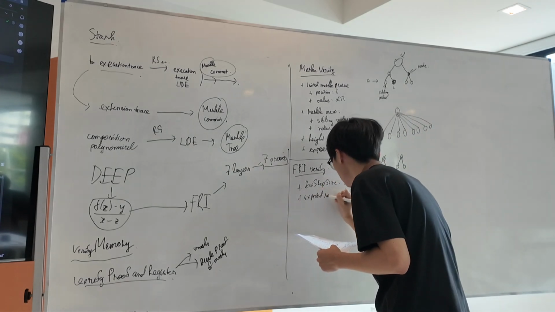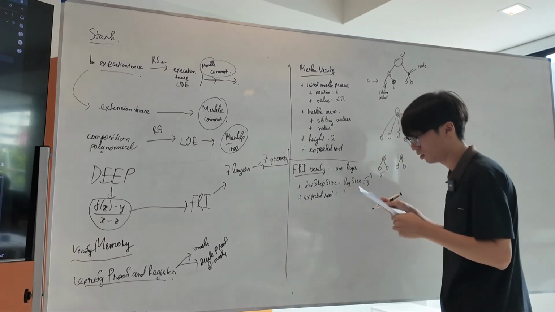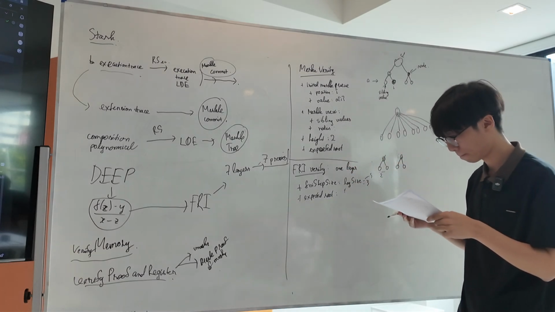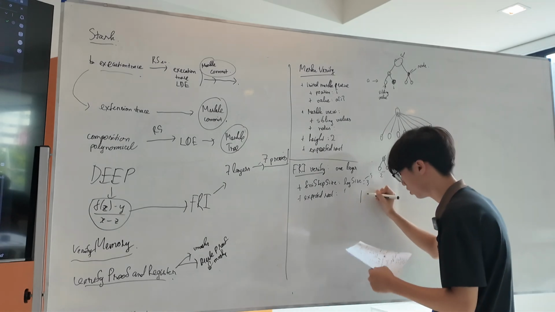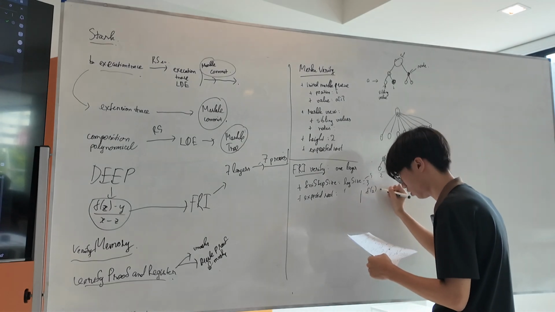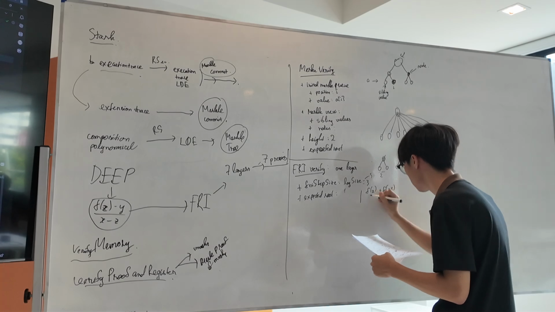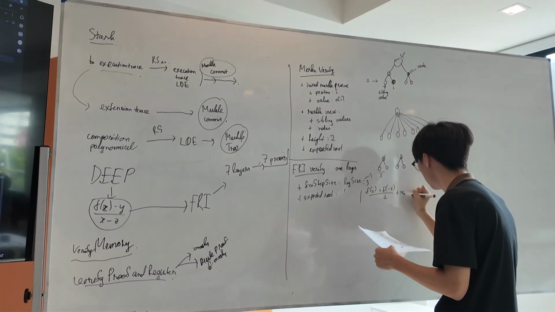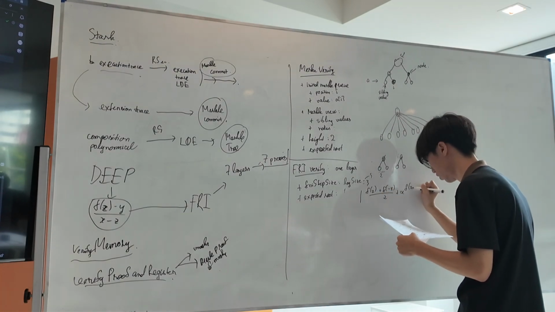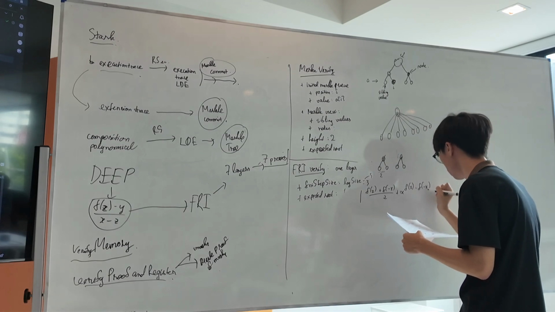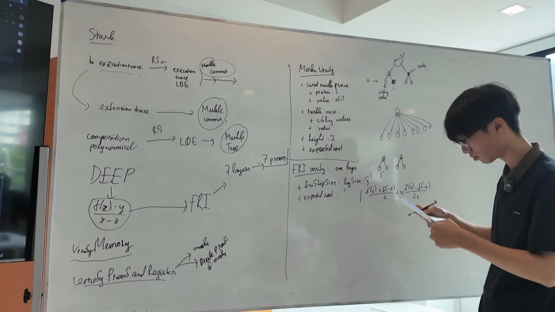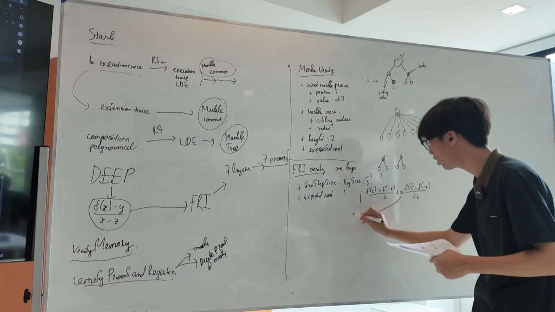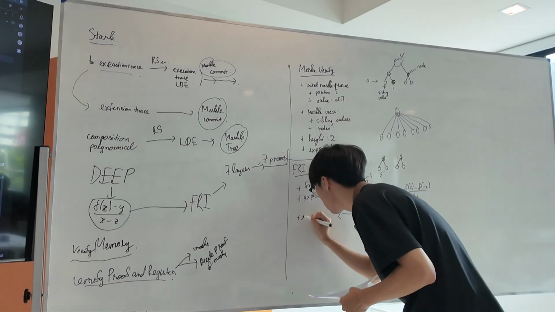Yes, so next is the expected root of FRI, and here, for example, you have an equation of FRI like this. Here we call it the evaluation point.